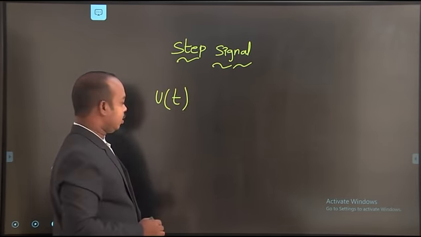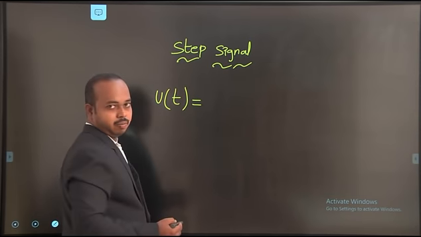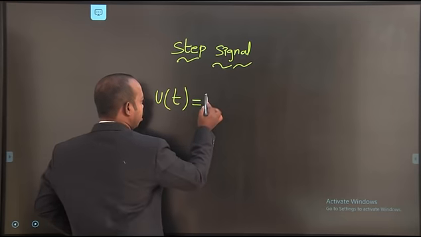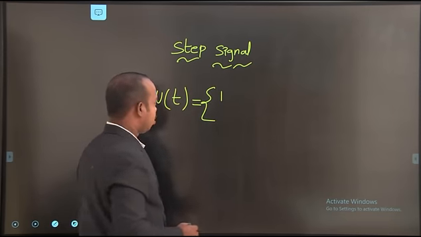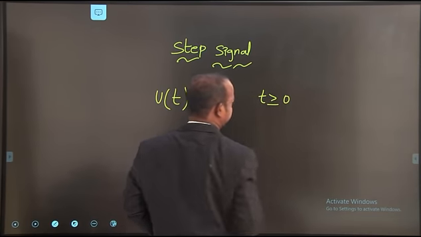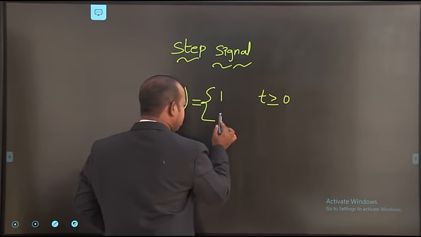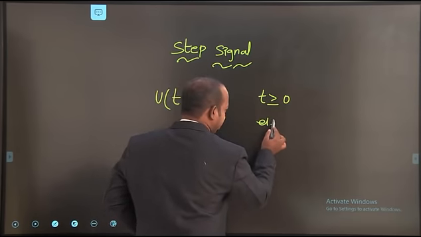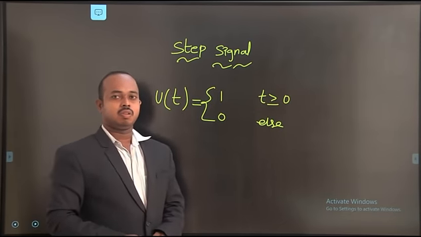The function we write for a unit step signal: its magnitude is 1 where t is greater than or equal to 0, and 0 for all remaining conditions.